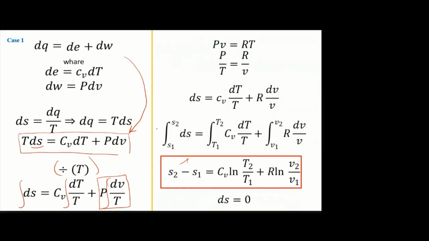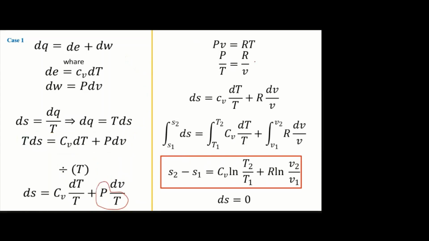To change that, again I am using the ideal gas law, P is equal to RT. So if you rearrange, P by T is equal to R by v. So instead of P by T, I am going to substitute R by v, so that you will get this equation.